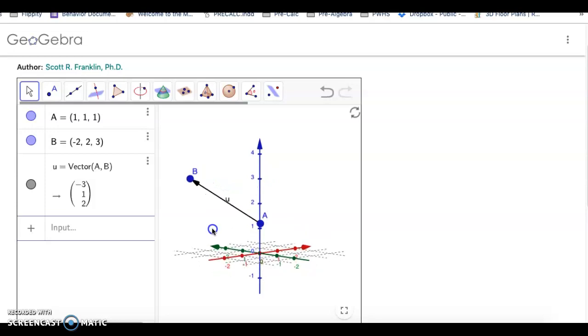And you can notice what's going on there. So we've got terminal minus initial, which is why our vector here is represented as -3, 1, and 2, because it's terminal minus initial. And we've had some practice with that.